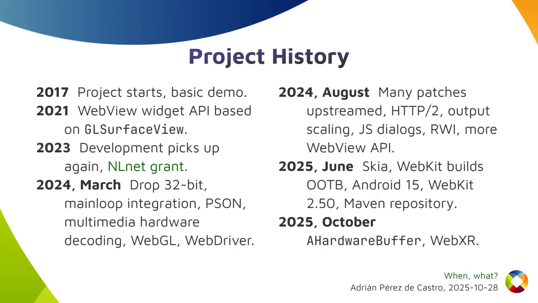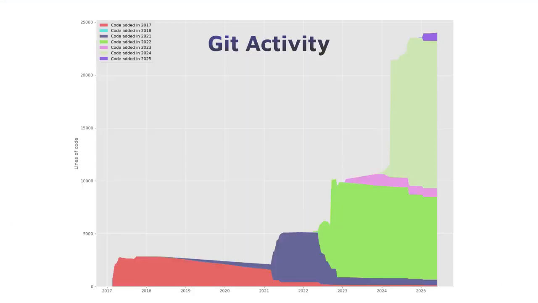We had a few pending things to make that possible, but it is now there. And since then until now, October, we have been working on adding support inside WebKit for buffer sharing using the native Android AHardwareBuffer API, and have working WebXR on it. One can clearly see there the spike in git activity after 2024 when we got the grant, and then we started to take it more seriously, and then continued after it finished.